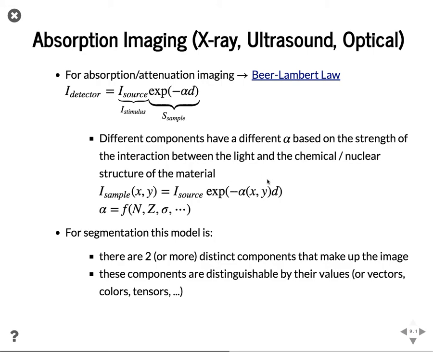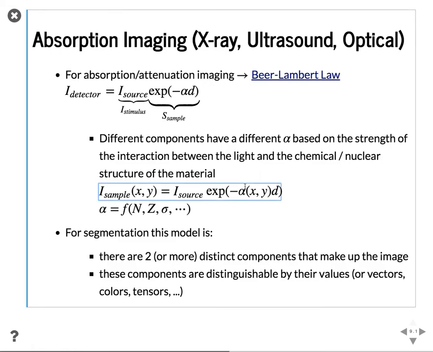This gives us the link from the purely imaging side of things to the physical or chemical side, where we can start to actually quantify what's going on and come up with some basis for our assumptions. This is exactly what we do with the bone images, where we know what this alpha coefficient is for bone, we know what it is for air, and we can then determine if a part of the sample is bone or air because of our understanding of these coefficients.